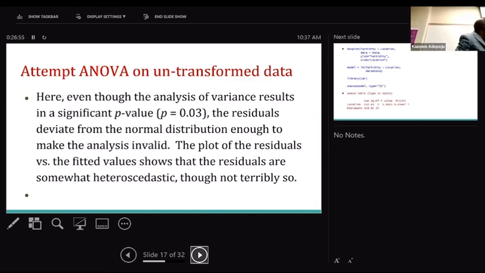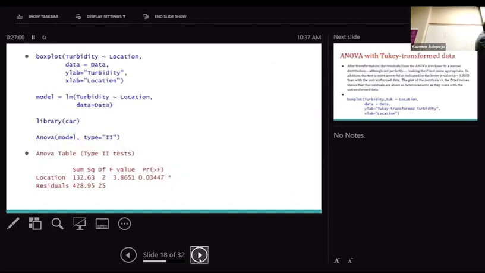Before, when you do the box plots, if you take a look at turbidity on location, you can see that we want to compare turbidity at different locations. Like I said, you basically want to look at the water quality of Mississippi River. You want to compare turbidity at different locations, and you don't even care whether there's a violation or not.